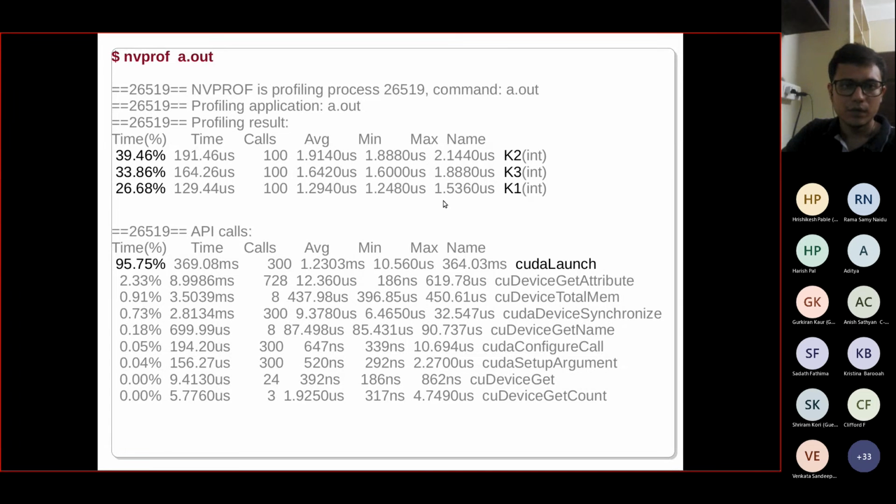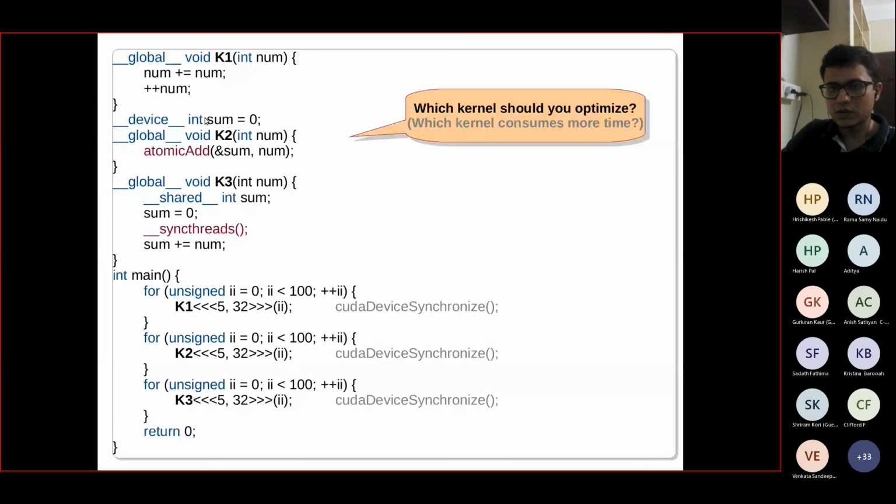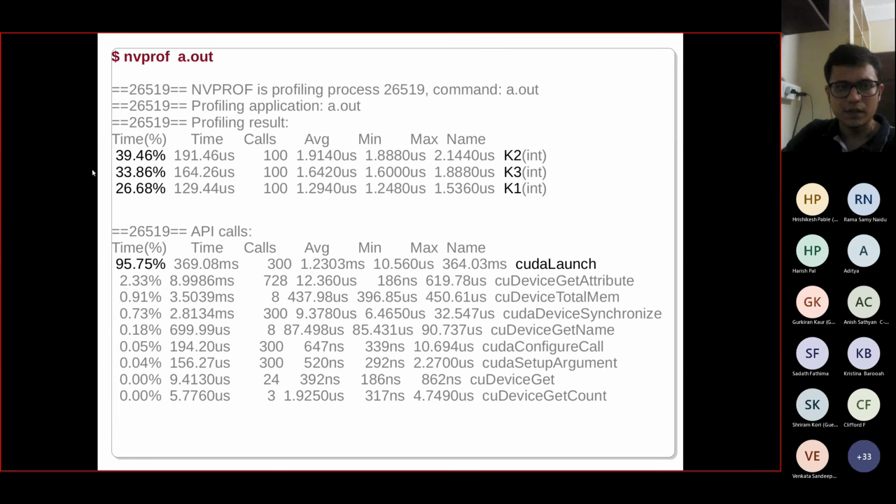From this information, you understand that K2 is the most time consuming kernel, and it must be, since it is using atomics. So you should first try to optimize K2, and then K3, and then K1.